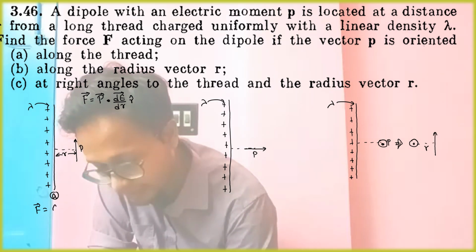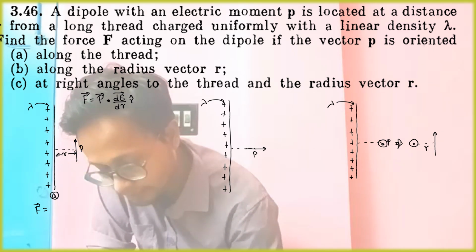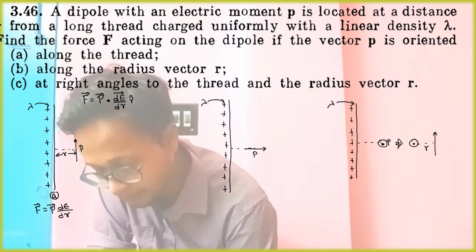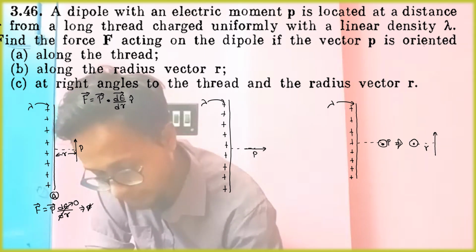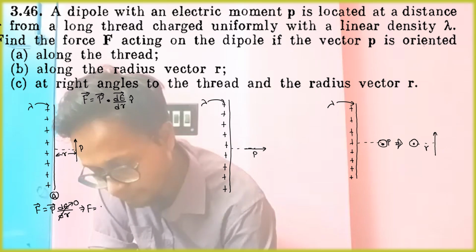So F is P into dE by dr, but dE by dr becomes 0, so the net force out here also becomes 0.